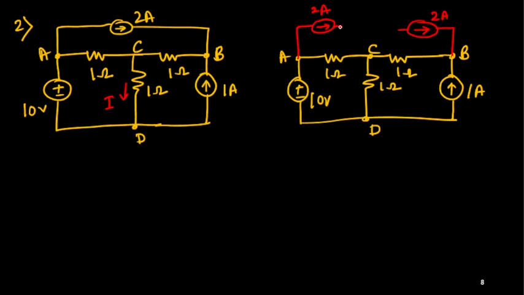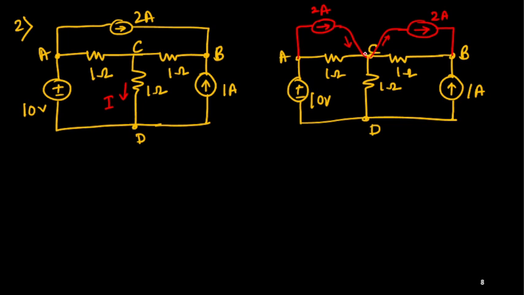Suppose I add this part here and connect it to here. Then obviously I will connect this also from here, because this 2 ampere is coming in and this 2 ampere is leaving from here. So effectively this node is also not disturbed, because whatever current was there earlier will remain the same.